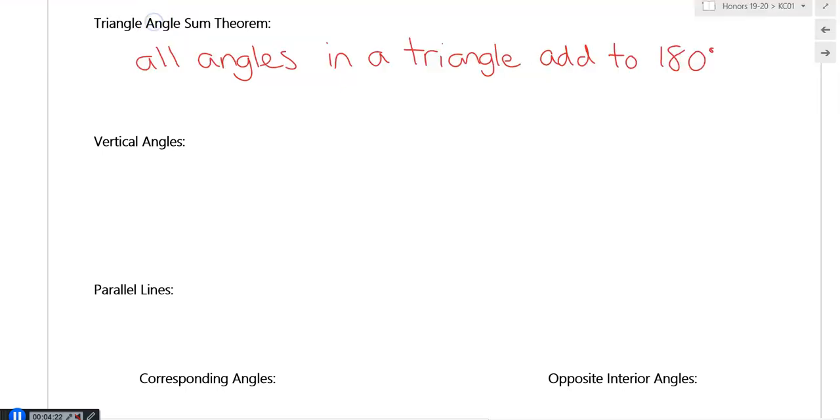Vertical angles look like this. Right? And a lot of times we're dealing with triangles. This angle and this angle are vertical angles. Okay?